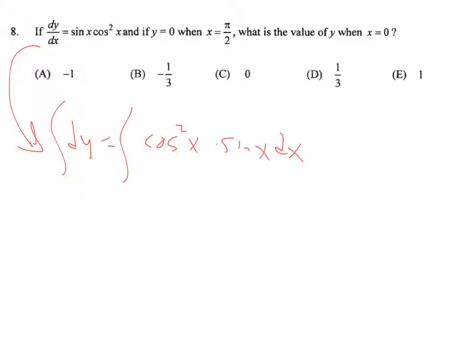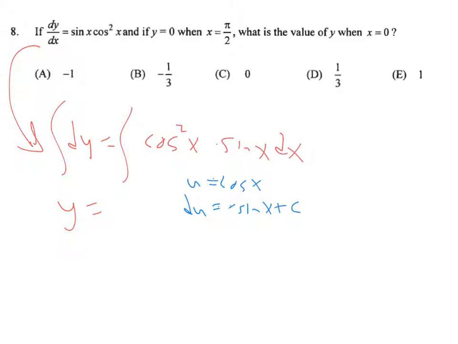You could also kind of eyeball it here, so you get y is equal to, what's going to happen here? Well, if you were to let u equal the cos of x, then du is going to equal negative sine of x plus c.